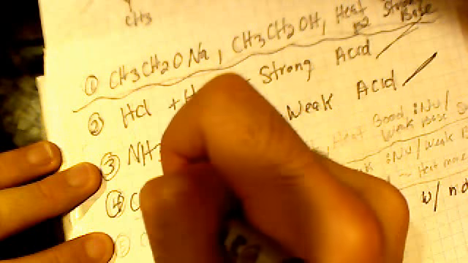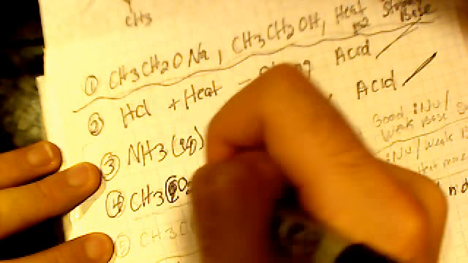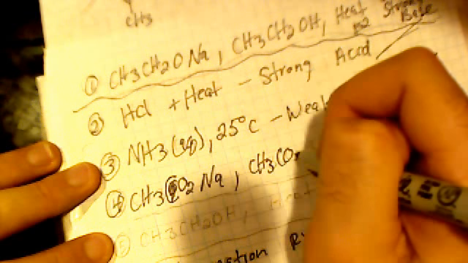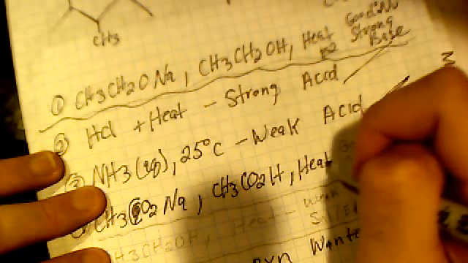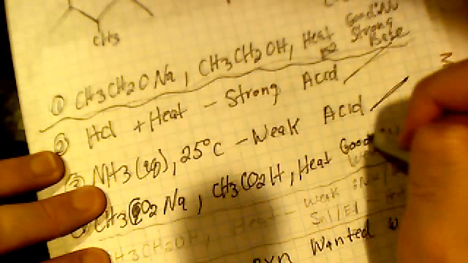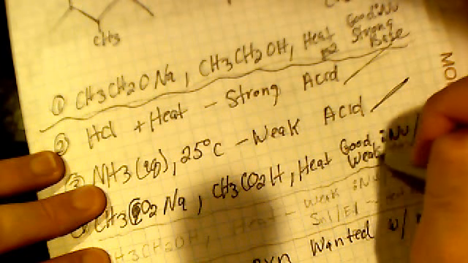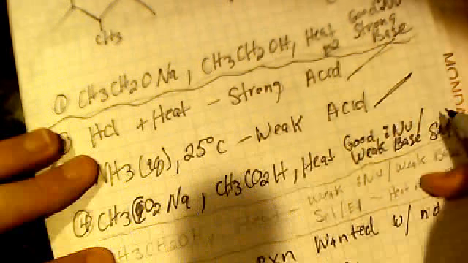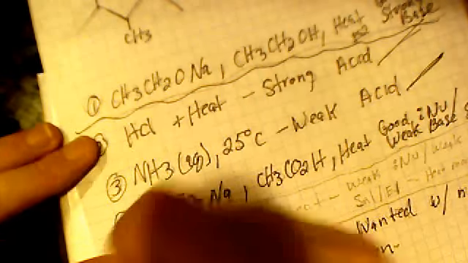So then we have sodium acetate in acetic acid and heat. So we have a good nucleophile and a weak base. So that's going to favor SN1, so we're going to say no to this.